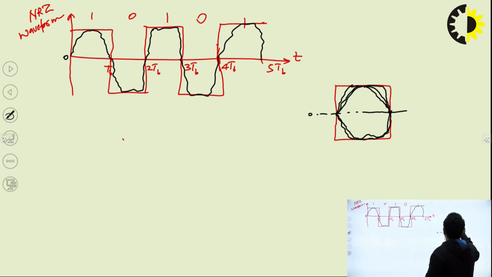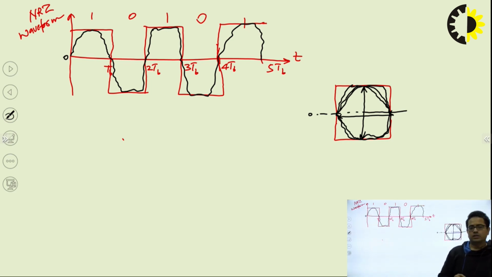Now if you are getting the distance at the center of the eye opening, that is the spread of the eye, and similarly this eye pattern has a width like this.